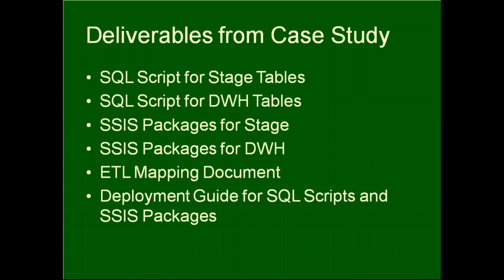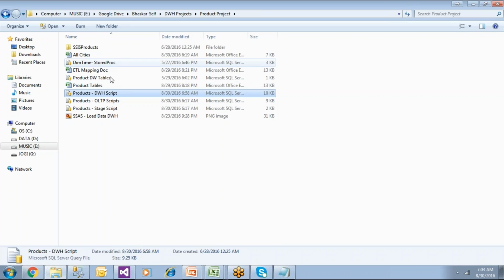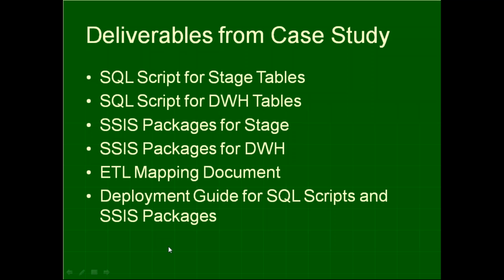Think like that. The layman has to take your document and all the scripts you are giving them, and by using the scripts and stored procs, you have to mention what stored proc they have to run, where they have to run, when they have to run, each and every step, and clearly provide the deployment guide.